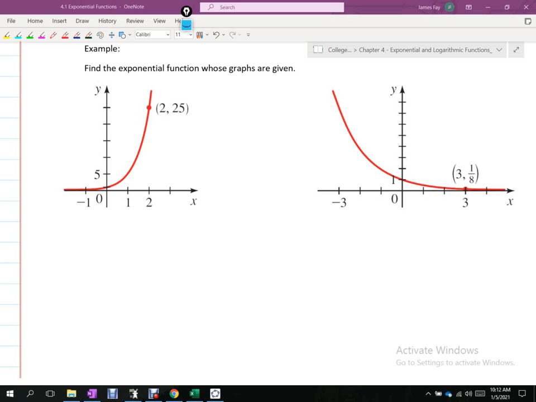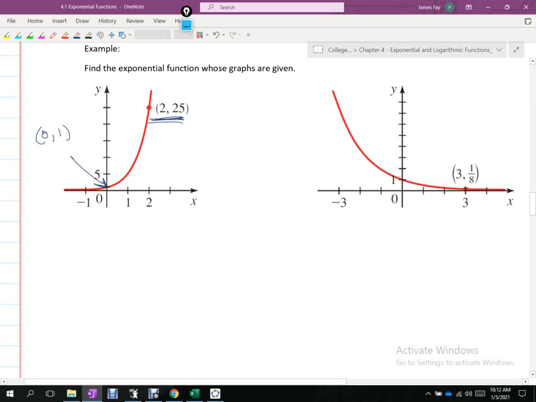The only thing that you have to be cautious of is sometimes the information that you need to use is not explicit. This, I think, is explicit. You're probably going to have to use that number or that ordered pair. This one here is not explicit. You're going to need to use that ordered pair of 0, 1.